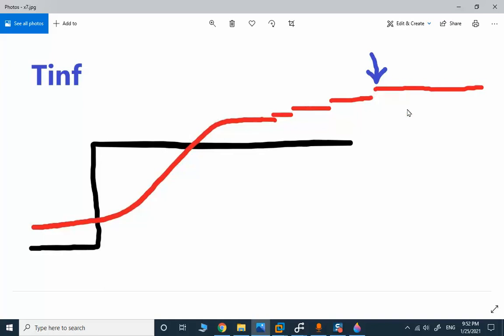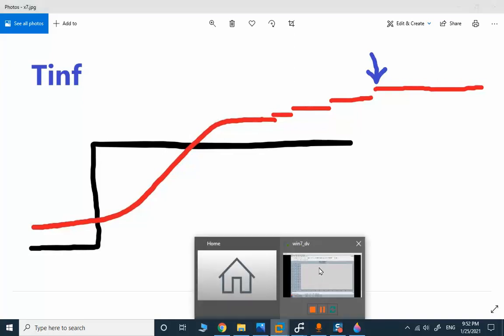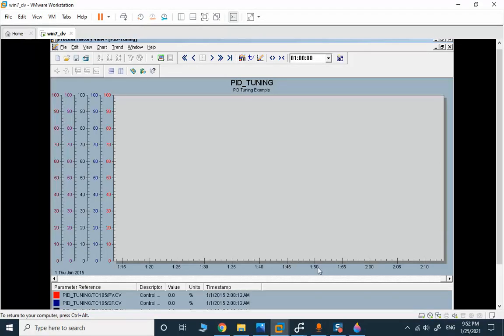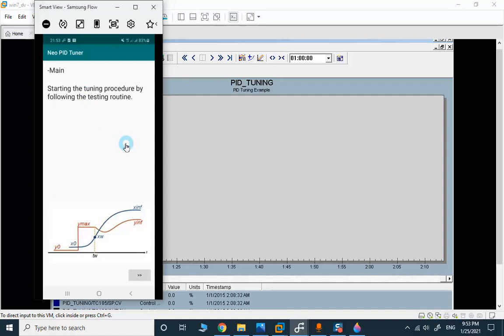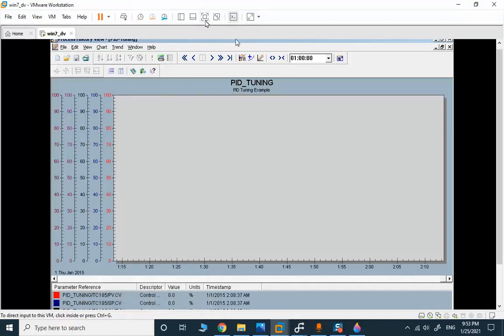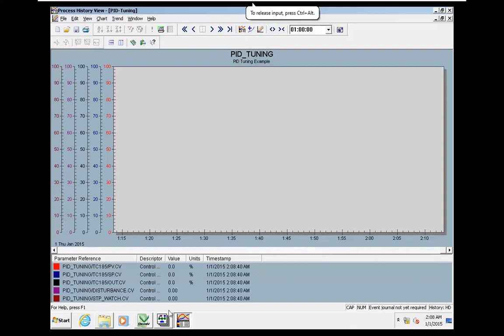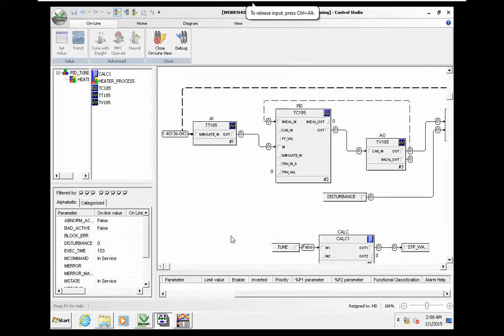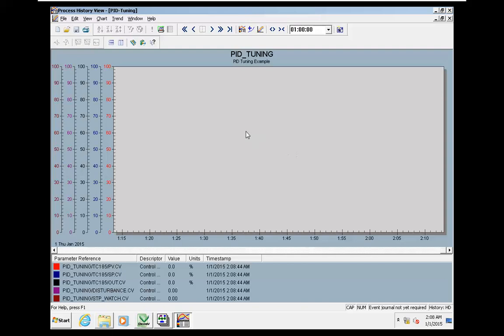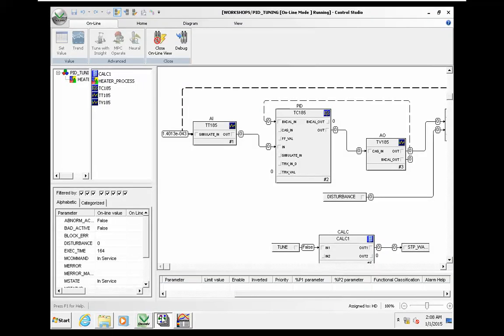In this example, I try to use the visual clue, because mathematically complex issues are not very welcome in real industrial applications. I have the application on my Android phone, and I have the DeltaV environment here, and I have this process history view for recording the trends.